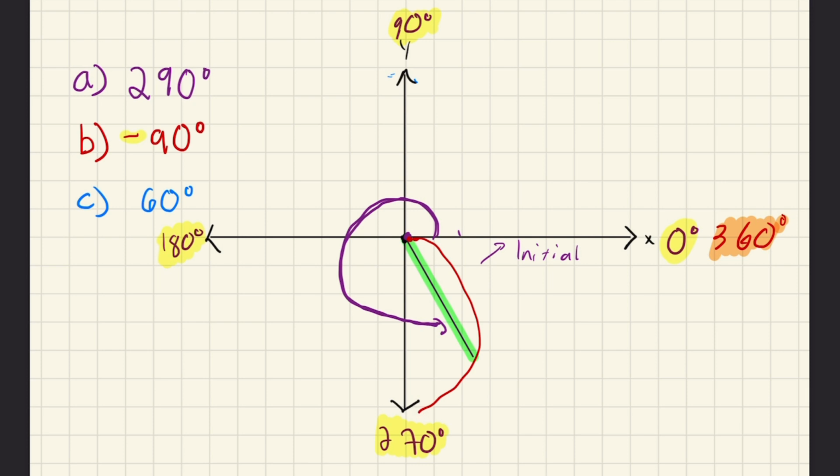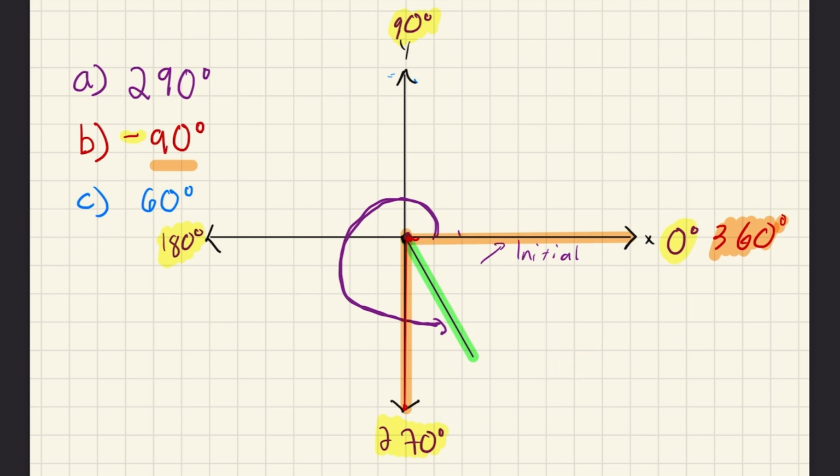And so in this case, I'm going to undo the loop, since the point would end up here, we would just have a red straight line. And you have kind of like an upside down or inverse 90 degree angle. And this is negative 90 degrees. So we went this way as opposed to this way.